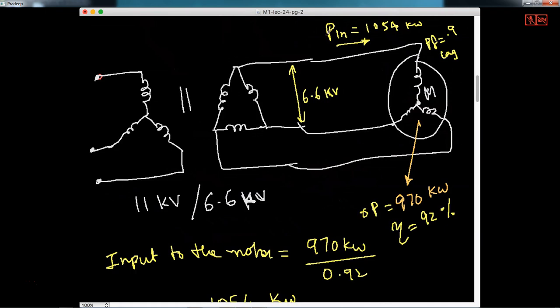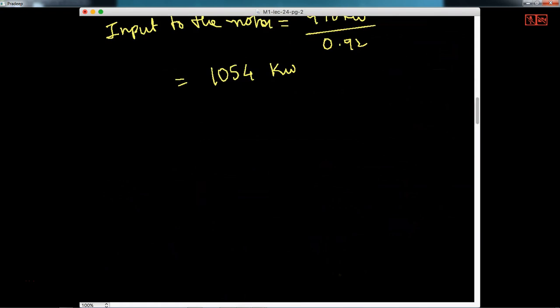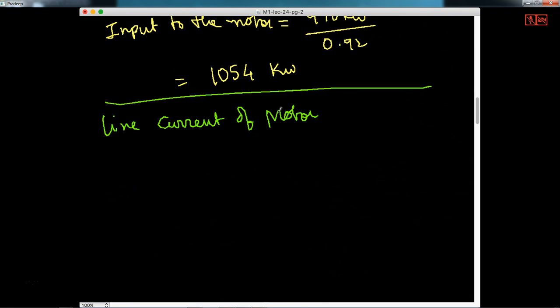From all these I can find out the line current here. How to find the line current of the motor? We know that √3 VL IL cos phi is equal to P, power.